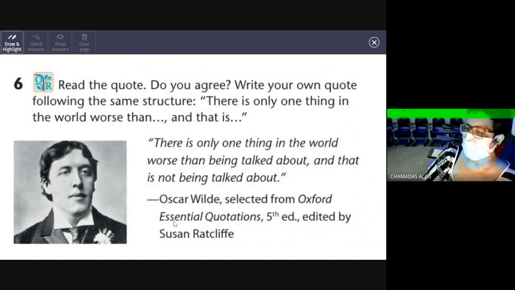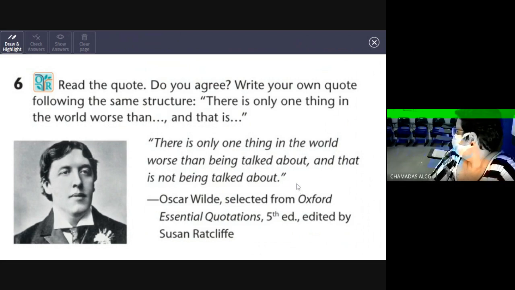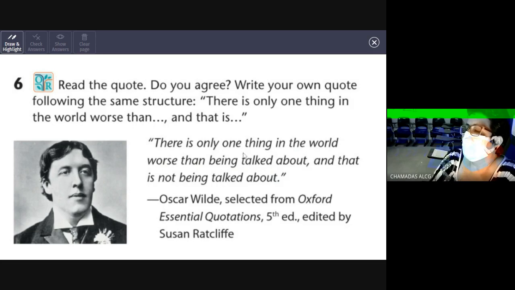Selected from Oxford Essential Quotations, 5th edition, edited by Susan Ratcliffe. So do you understand what he says here? I'm going to translate for you, okay? Só existe uma coisa no mundo pior do que ser falado, falarem de você. E é não falarem de você.